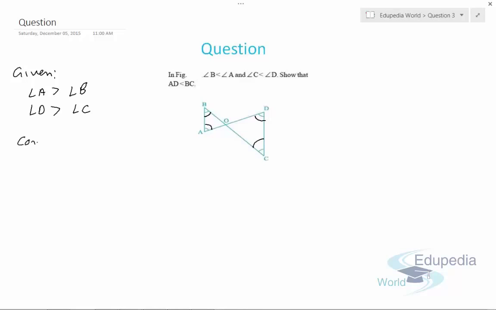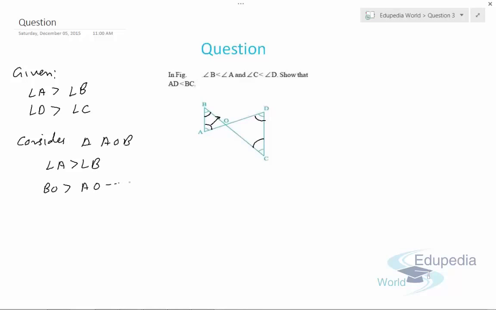Now let's see how we can prove this. Consider first triangle AOB. In triangle AOB, angle A is greater than angle B. So we can say that BO, the side opposite to angle A, is greater than AO.